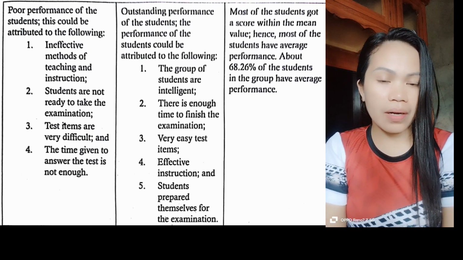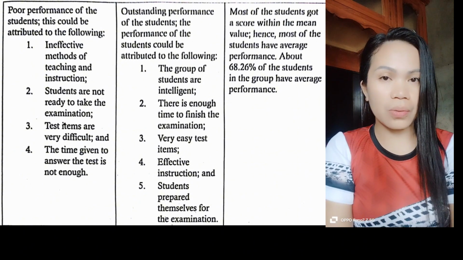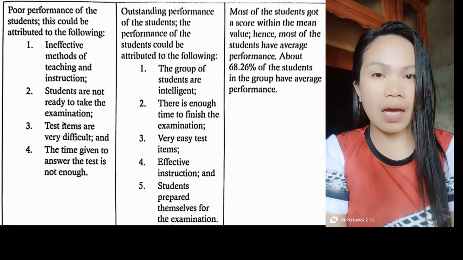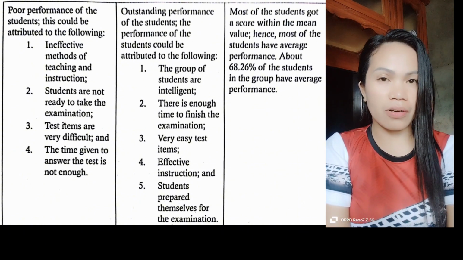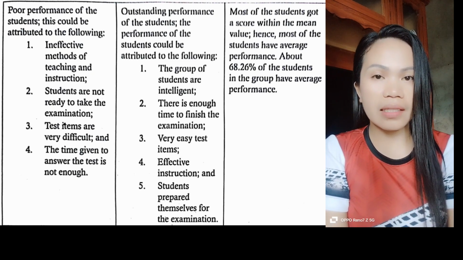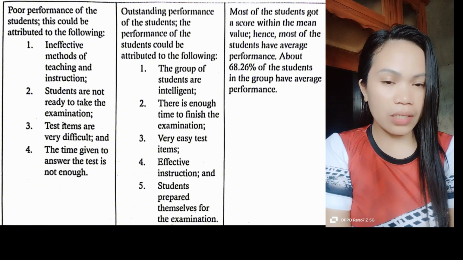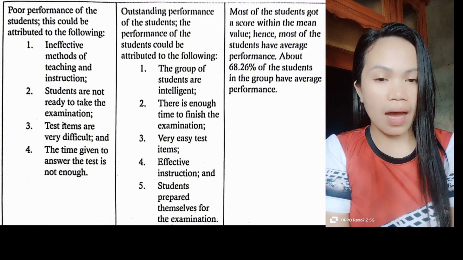Maybe they're not ready and didn't study their lesson, and that's why they're not ready to take the examination and got the lowest score. Right, so for number 3, test items are very difficult. Maybe they felt it was difficult, that's why they got the lowest score.